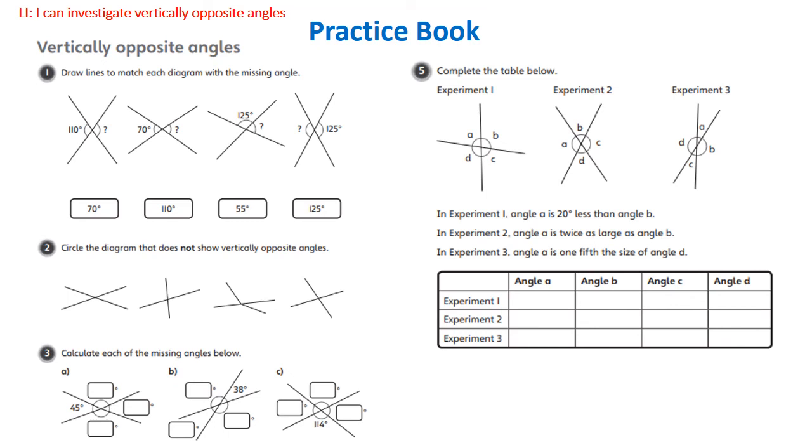Remember that in each one, opposite angles are equal. Think about your angles on a straight line. They equal 180. And it might help you to remember that angles at a point equal 360 degrees.